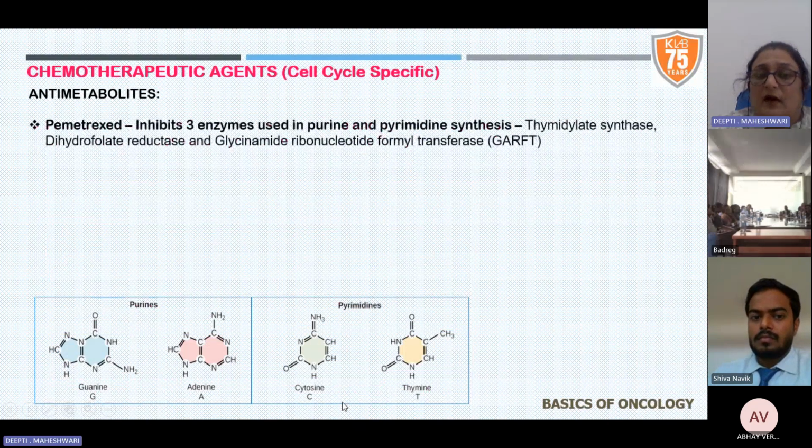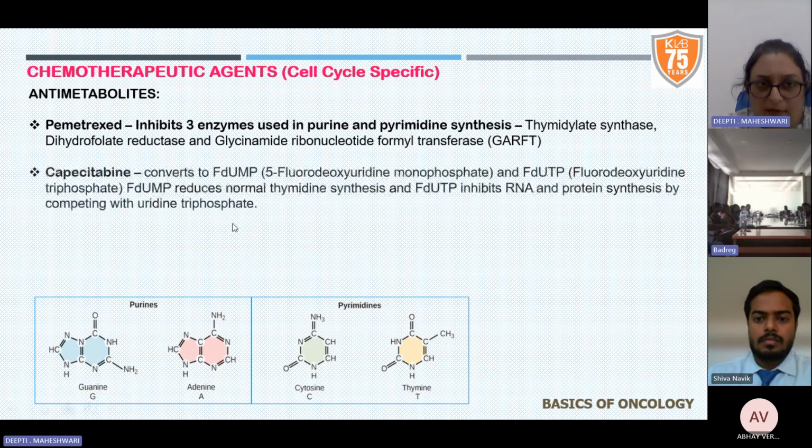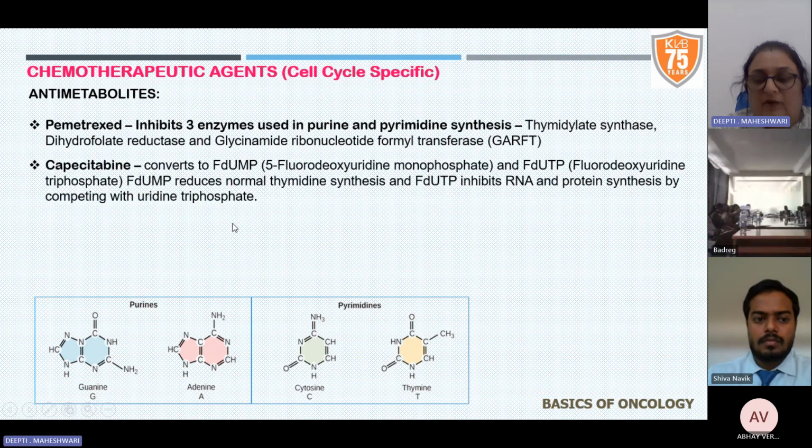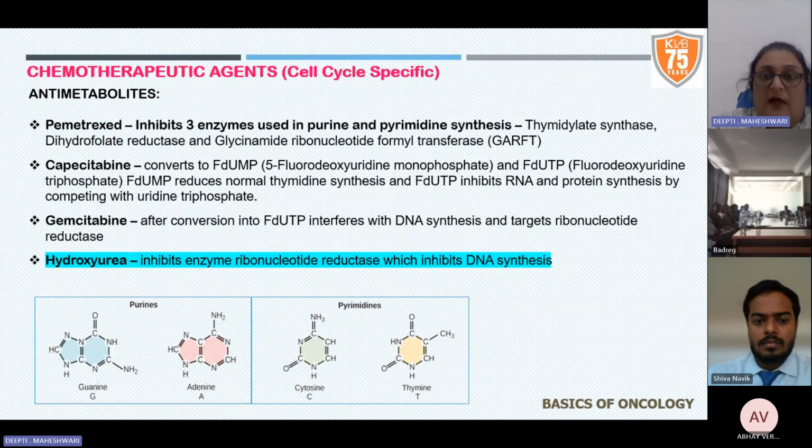Then you have various other antimetabolites like pemetrexed, which actually inhibits three enzymes which are used in synthesis. But since you all don't have pemetrexed at the moment, we will not go into the depth of pemetrexed, capecitabine, gemcitabine, and hydroxyurea.